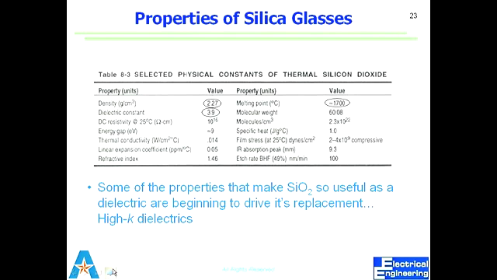Which is good. It doesn't reduce my thermal budget. It doesn't add restrictions on my back end of line processes, right? So even after I've made a few layers, I can still oxidize. And still, or maybe put it through a high temperature process, and still my oxide will be fine.